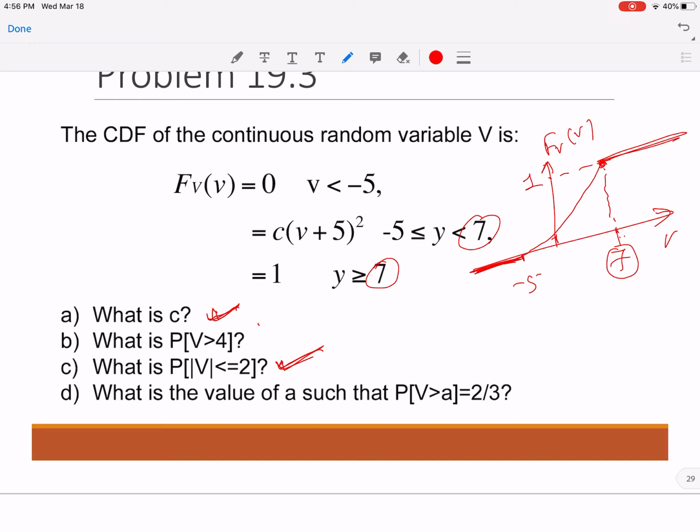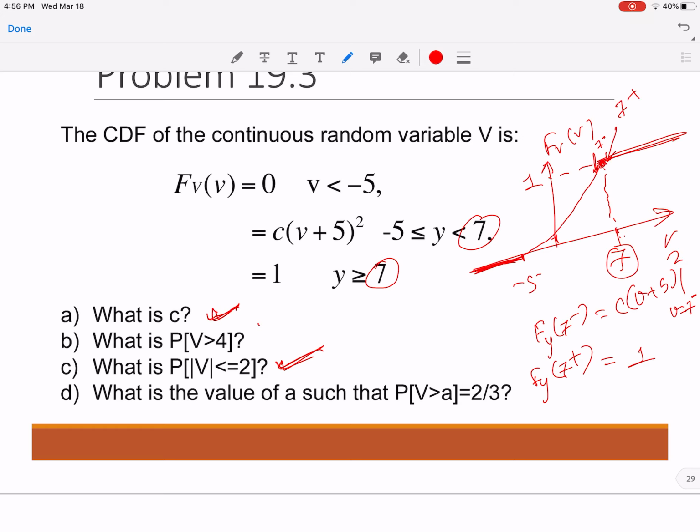So if I were to take the value of the CDF at a point that is slightly less than 7, let's call it 7 minus, that will be equal to C times (v plus 5) squared at v less than 7. And if I were to consider a point that is slightly above 7, let's call it 7 plus, F of y at 7 plus is equal to 1.